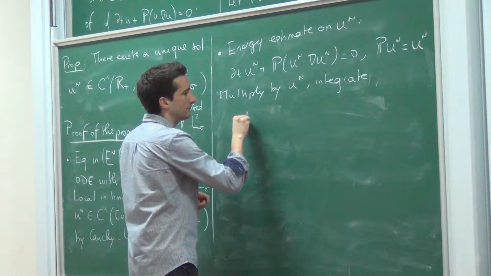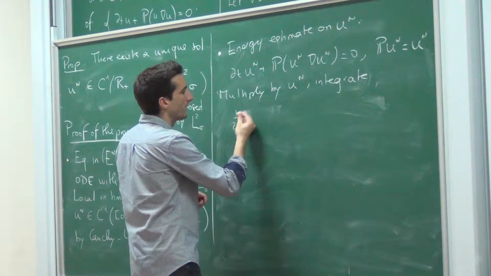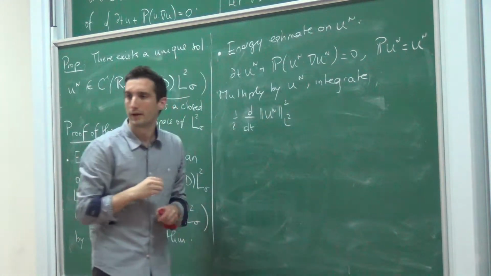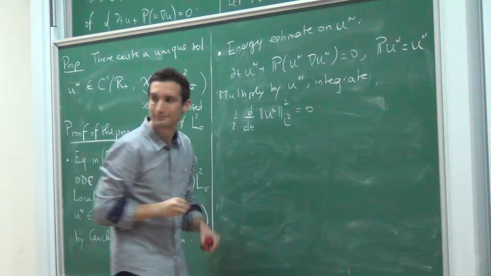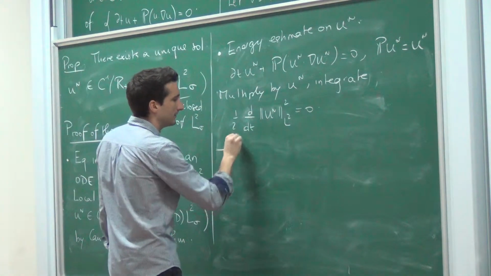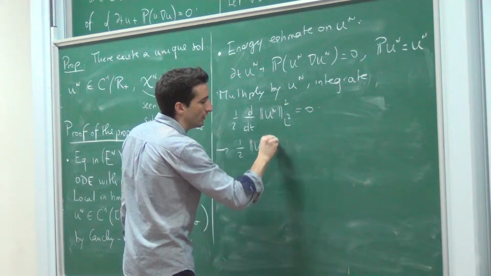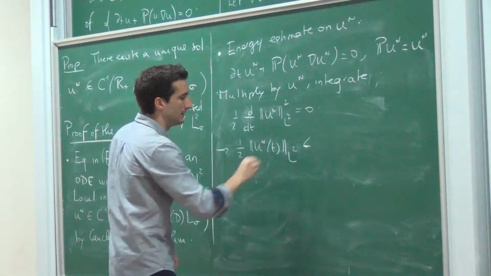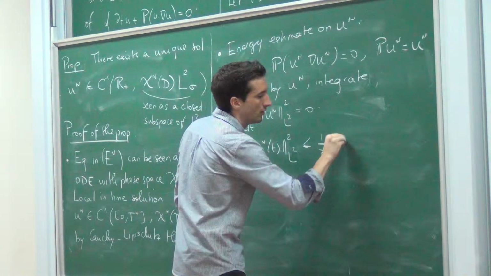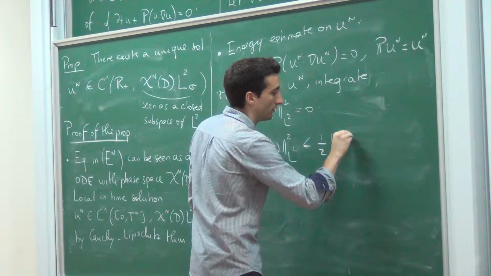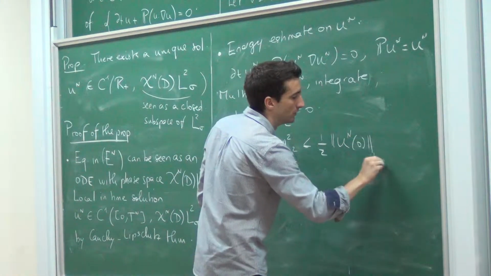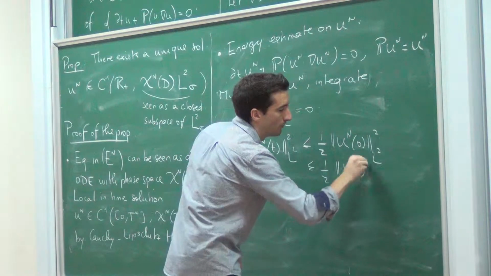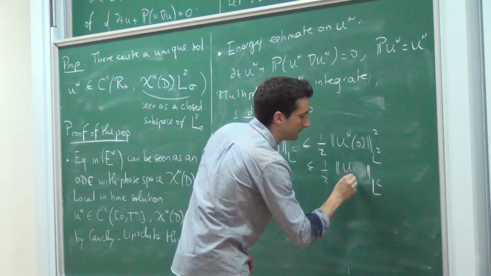And then I get that 1/2 of d over dt of the L2 norm of un squared is 0. So I get that 1/2 of the L2 norm of un at time t squared is equal to 1/2 of the L2 norm of un of 0 squared, which will be less than the original L2 norm of u0.